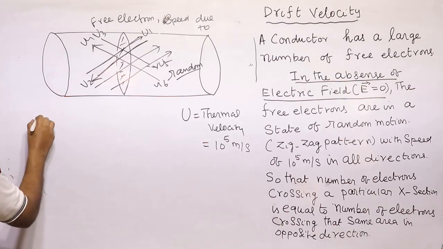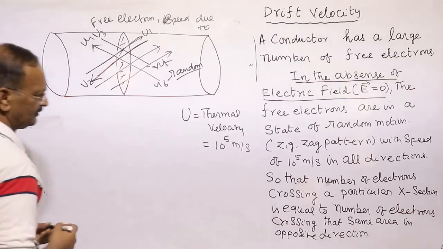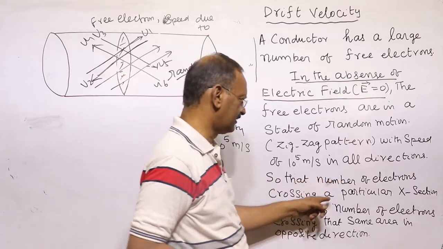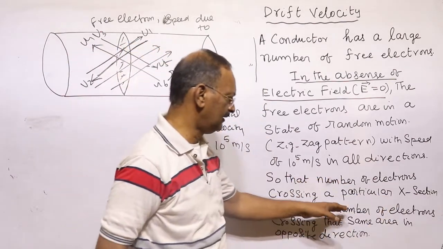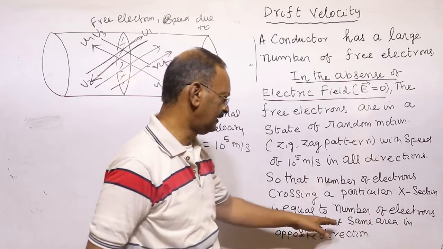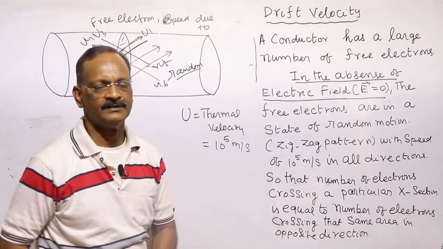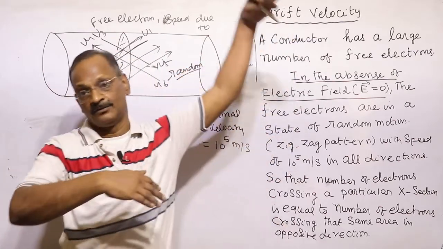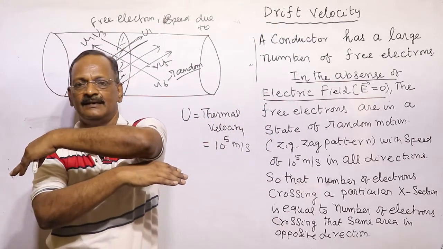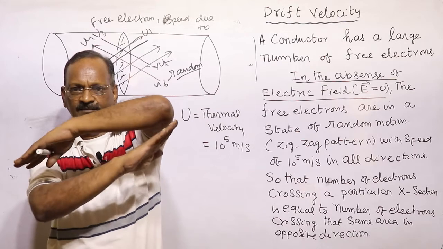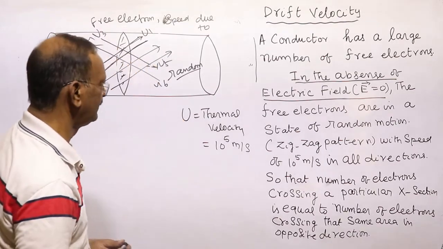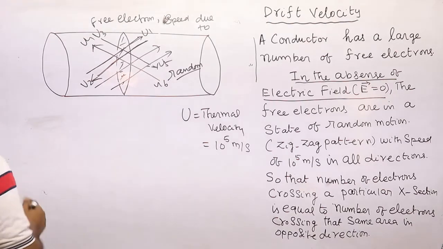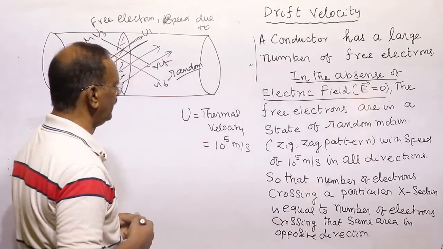So the number of electrons crossing a particular cross section is equal to the number of electrons crossing the same area in the opposite direction. One is going this way through the same area, another is going in the opposite direction. So the number of charges crossing any particular cross section is equal to 0.